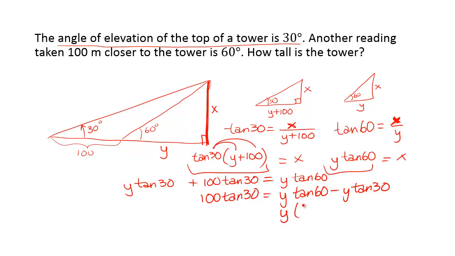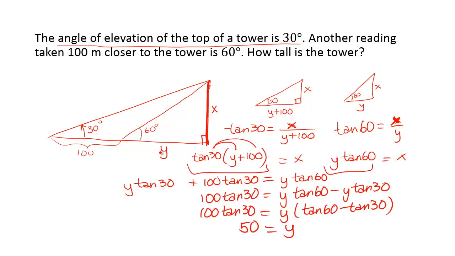Factor out the y, so you have y times tan 60 minus tan 30 equals 100 tan 30. And so y is equal to 100 tan 30 over this other amount. So I'm just going to find that on the calculator. So 100 tan 30, divided by tan 60 minus tan 30, which gives you 50.